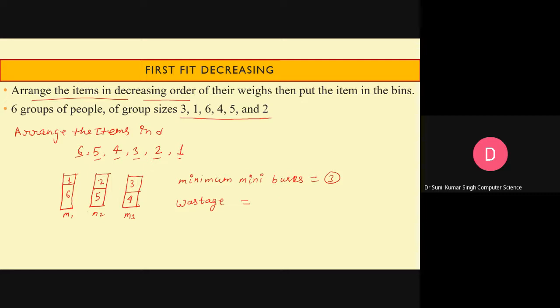Of course, total capacity will be 7 into 3, and here 7 into 3 minus total weight. That means 3 plus 1 plus 6 plus 4 plus 5 plus 2, that is 21. So it will be 0 by 21.